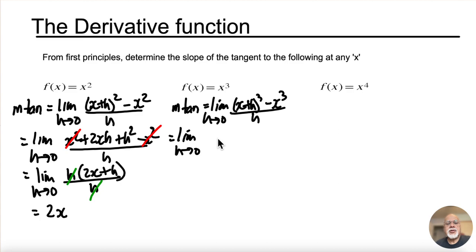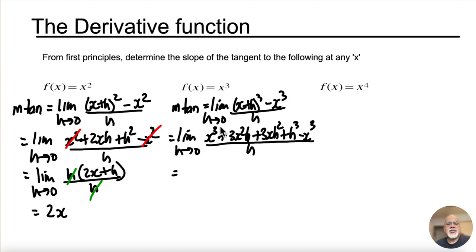And if you don't, you can always consult Pascal's triangle to give you the coefficients. But you'd end up with x cubed plus 3x squared h plus 3xh squared plus h cubed minus that x cubed on the end there, all over h.